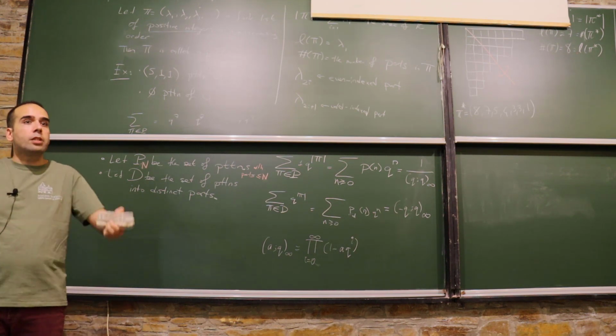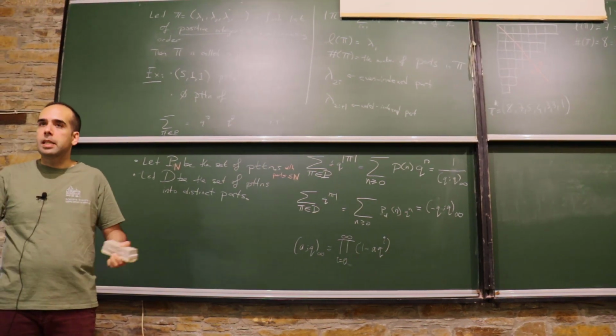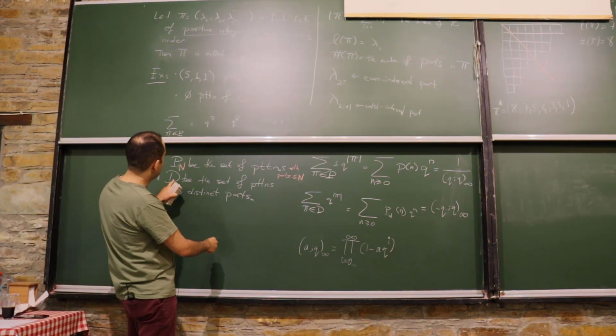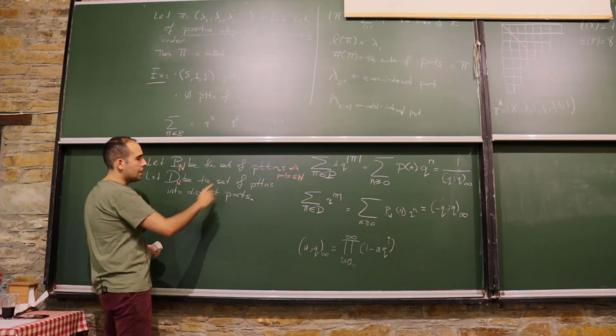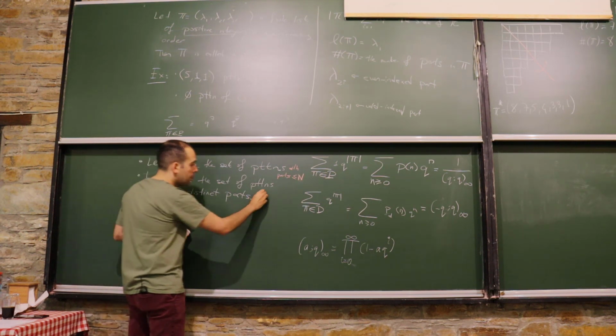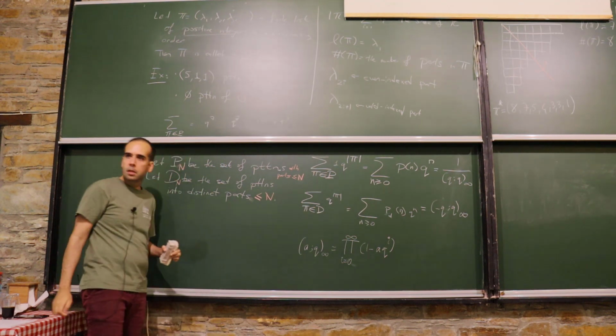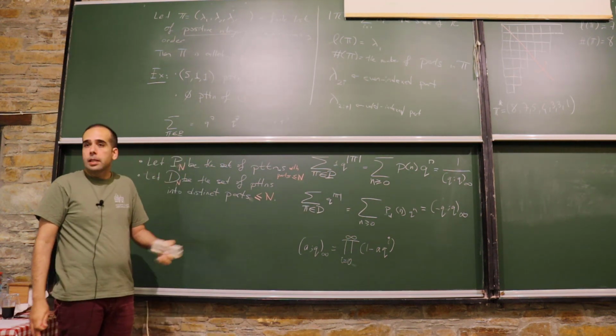What if I want to put an extra bound? What if I want to refine my understanding of how these things work? The same here too. I want D_N to be the set of partitions into distinct parts where all the parts are less than or equal to N. So in an abstract sense, nothing changes.